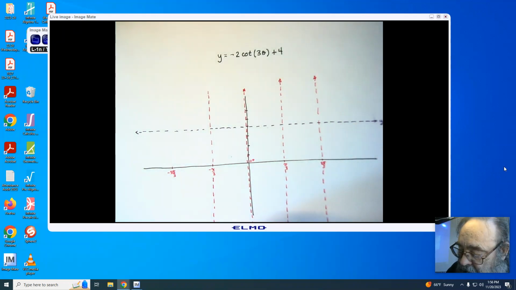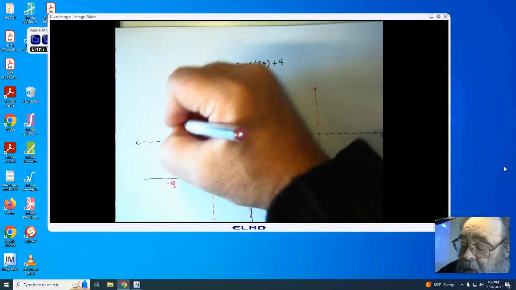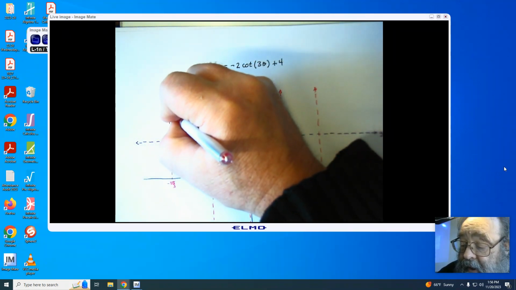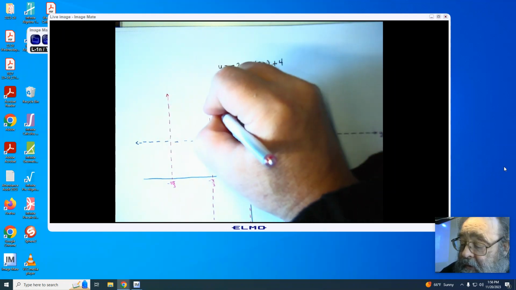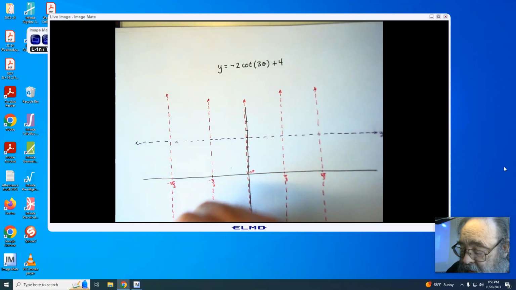Now you'll notice I've got 1, 2, 3, 4 different periods being shown here. Remember, you have to think about it because sometimes they'll ask for more than one period. They very rarely ask you for just one.